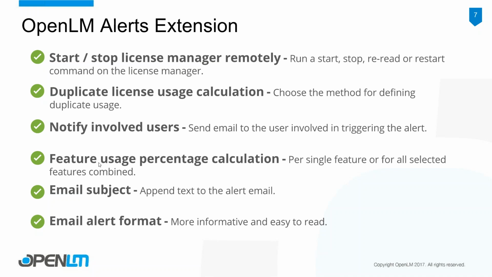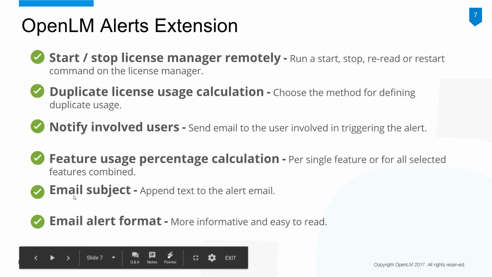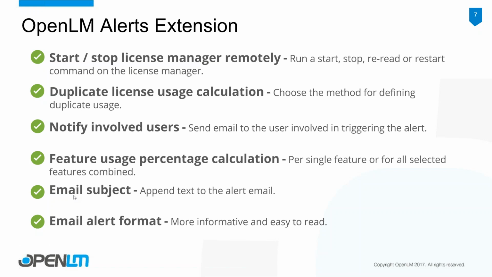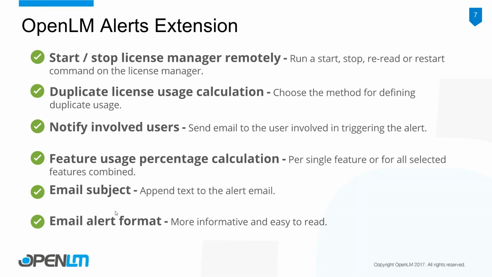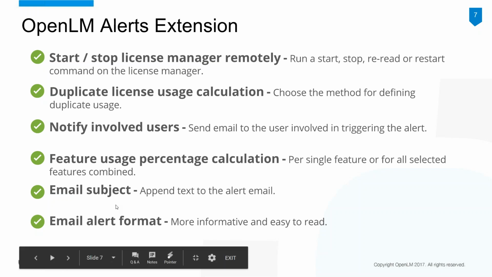You're also able to set the email subject, so you can set the subject to be, hey, you're using more than 12 hours, release the license. The email alert format itself is much more informative and much easier to read with a table. It's not just text.